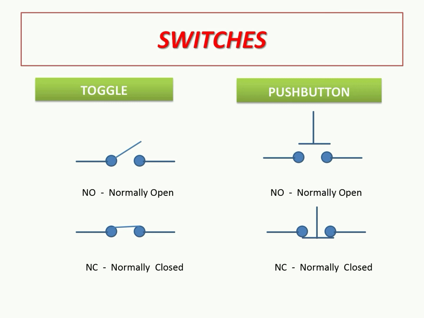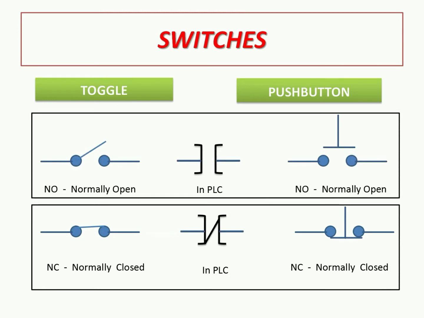In a normally closed push button, when you press, the contacts get open, and when you release, the contacts get closed. But with the toggle switch, when you press, the contacts become closed, and it remains closed until you make it open. So this is the difference between toggle and push button.